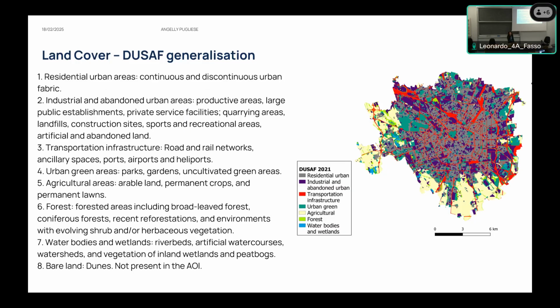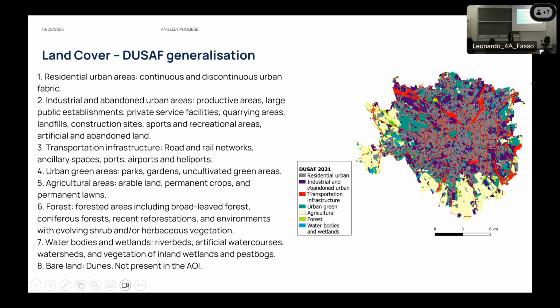The number of classes in DUSAF is too many, so I decided to map them as general classes: residential, industrial, transportation, urban green areas, agricultural, forest, and water bodies and wetlands. One thing to mention is that urban green areas have 2 subclasses: one was parks, and the other was sport facilities.